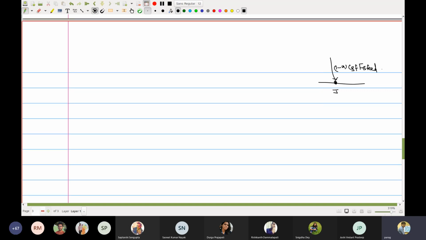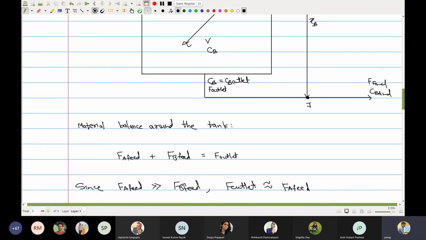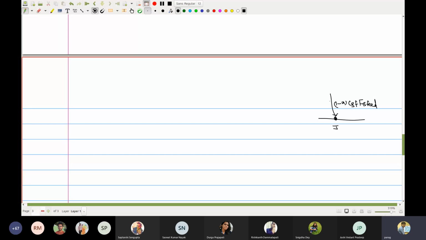If I am not wrong. So is it correct, 1 minus X? No, this is X. It would be just X. So this would be XB, right? So this is coming here.